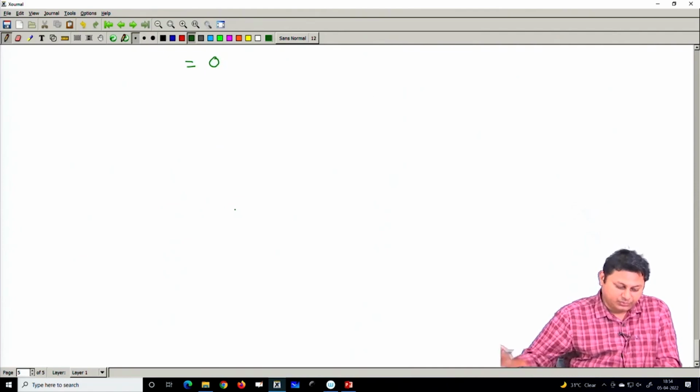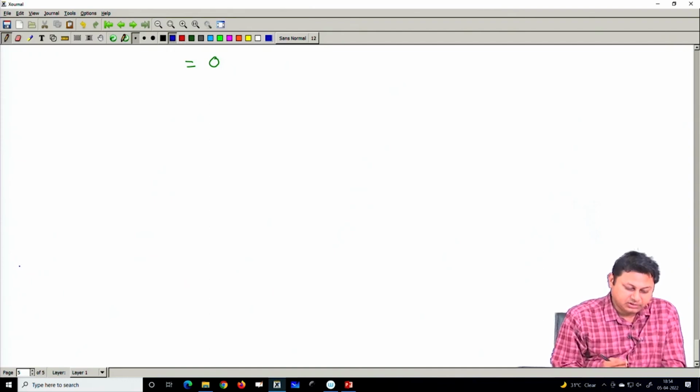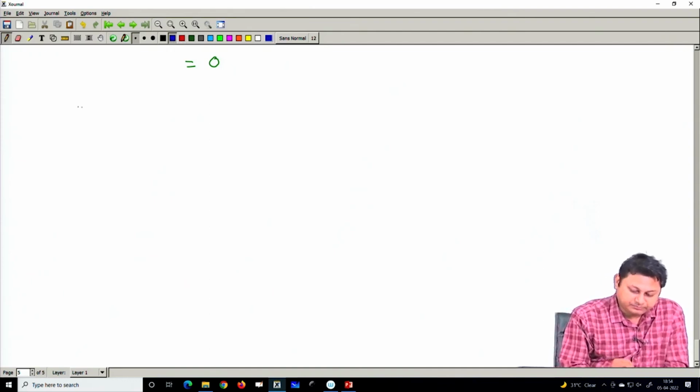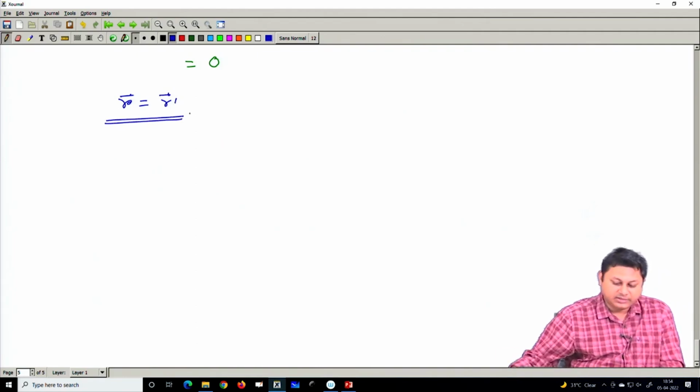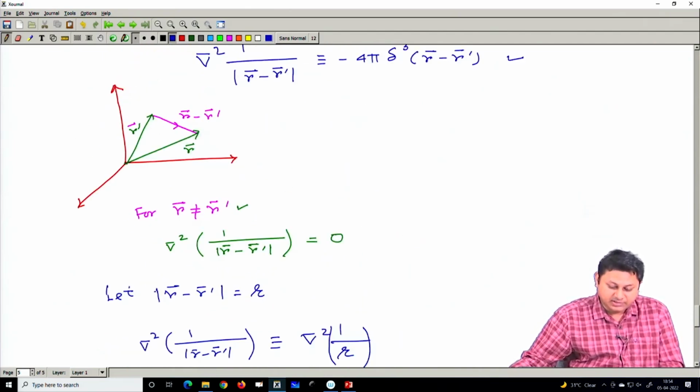Now we will check the other case: what happens when r is equal to r prime, that is the point, where I have this r over this r prime.